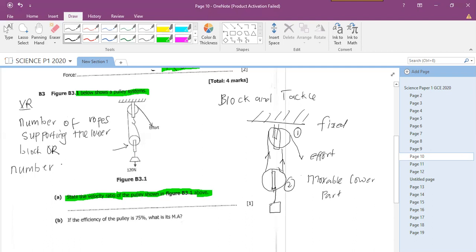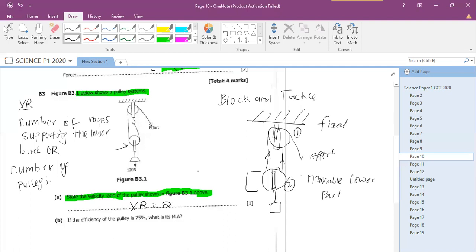I think the number of pulleys is easier, but I'll show you in both cases. So here, this is the lower block, like I said, and this is a pulley system. Based off the second definition, you just count your number of pulleys. I've got one pulley there, the round thing, that's one, and the other thing there, two. So you can just say, all right, my velocity ratio is 2.